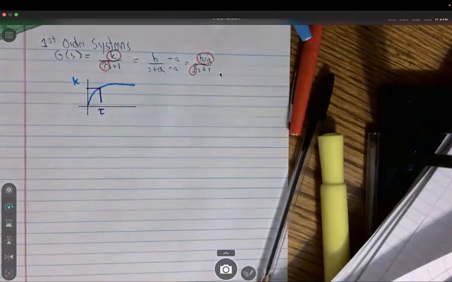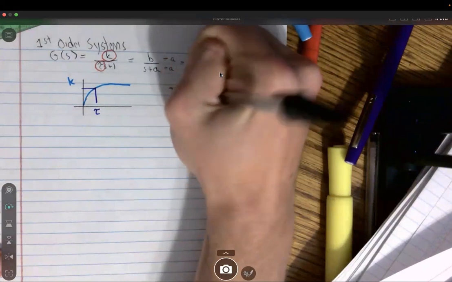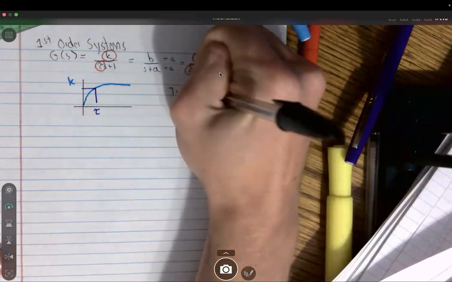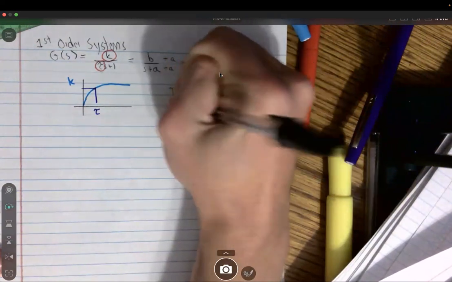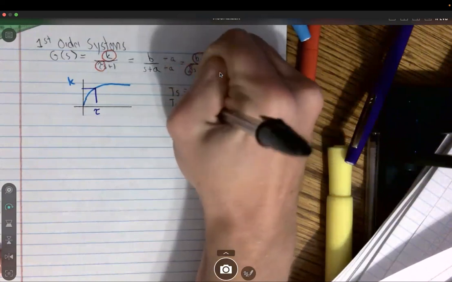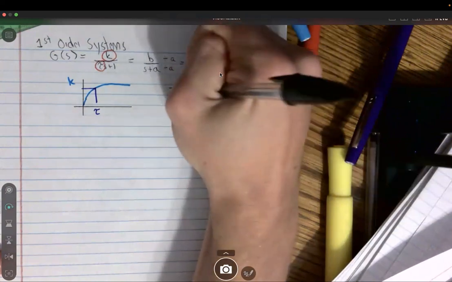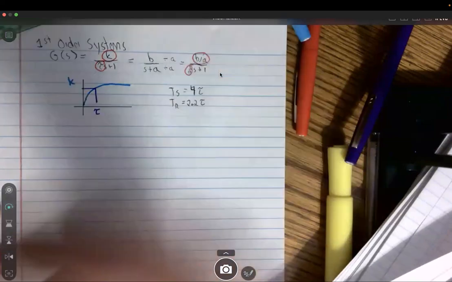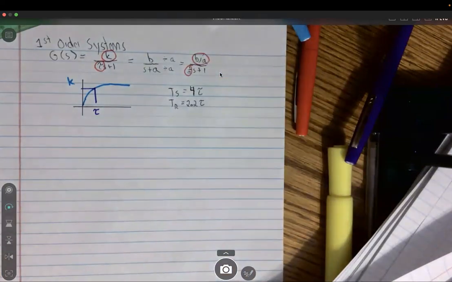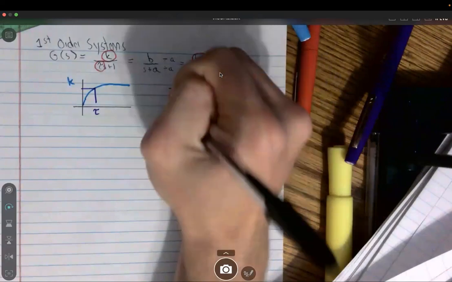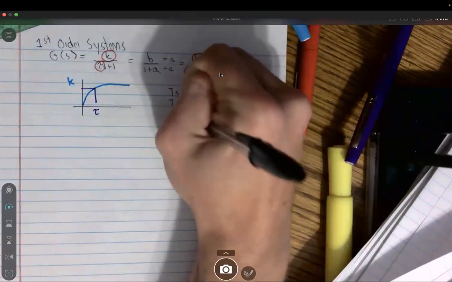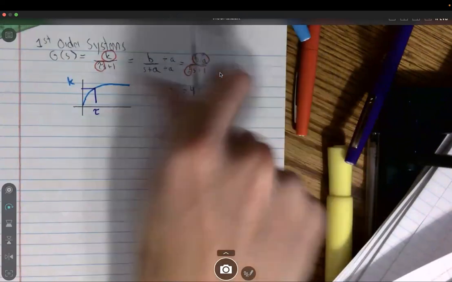Now, your settling time for first order systems is equal to 4 tau, and your rise time is equal to about 2.2 tau. So that's your settling time and your rise time. And remember, your tau is the time to reach 63% of your final value, so 0.63 of K.